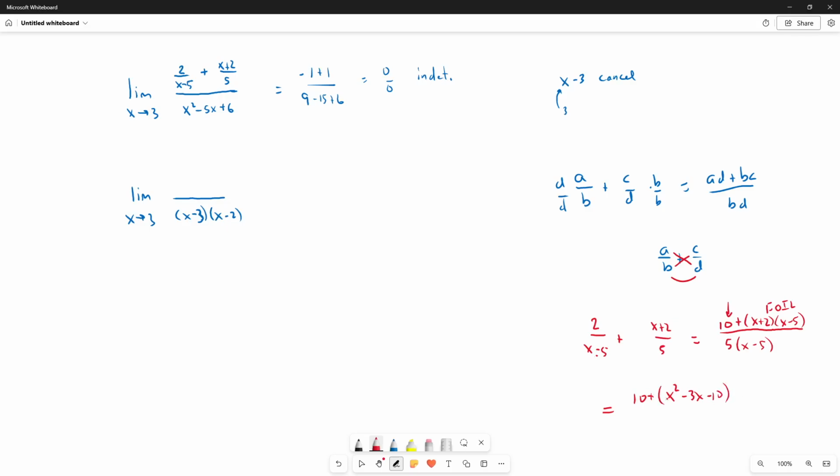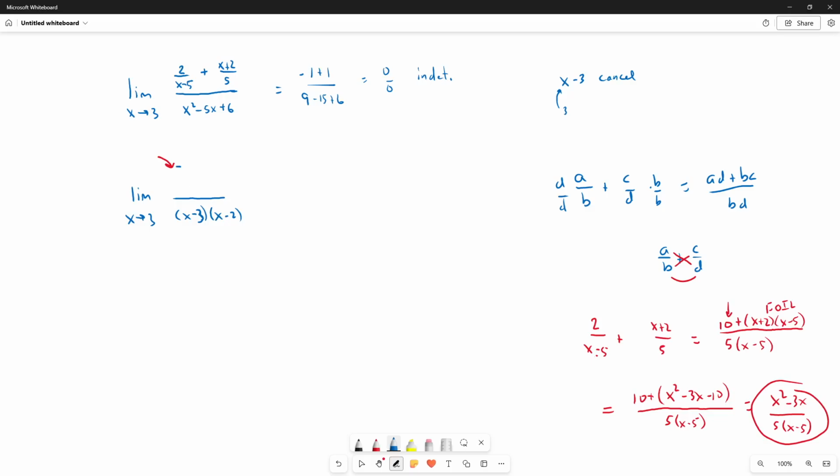So we have to do 10 plus that, and we can see immediately that 10 plus negative 10 is 0. And on the bottom we have 5 times x minus 5. And so here the 10's cancel, and we get x squared minus 3x over 5 times x minus 5. So that goes here.